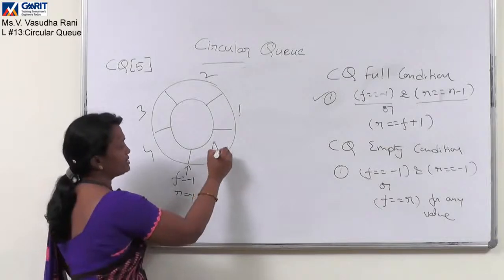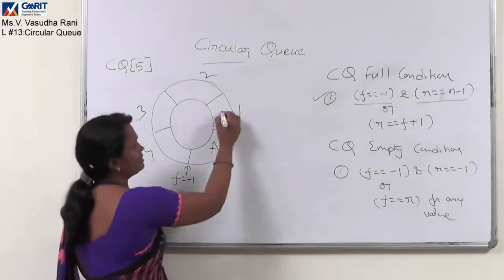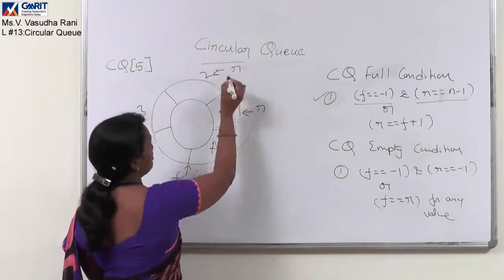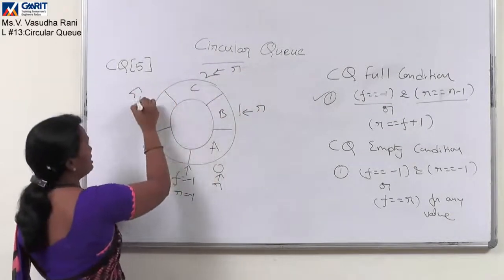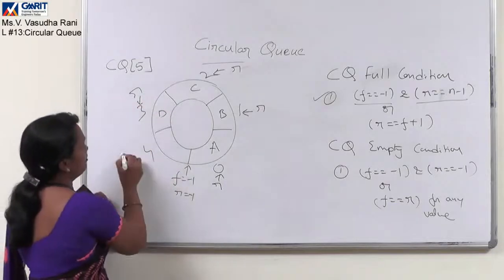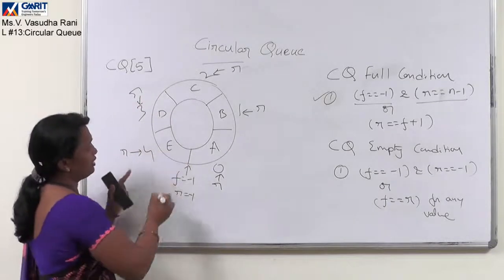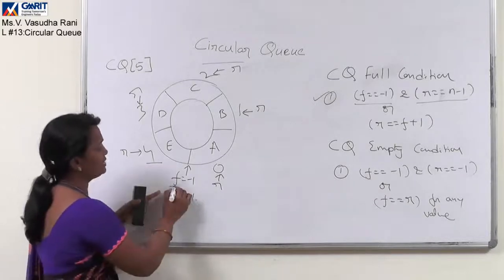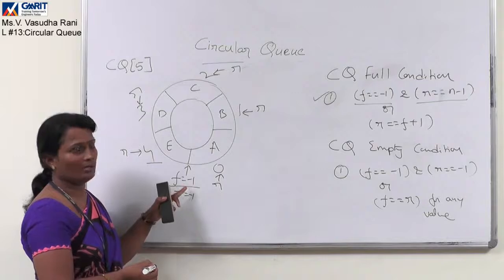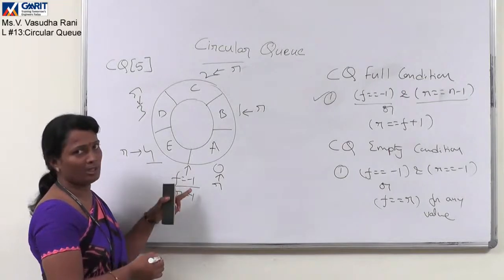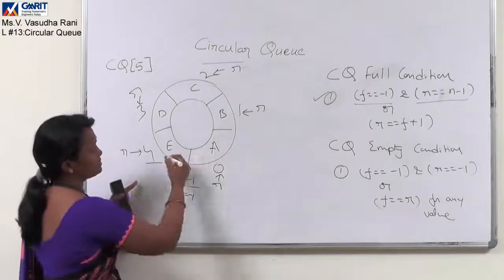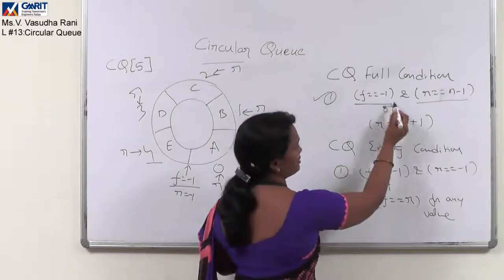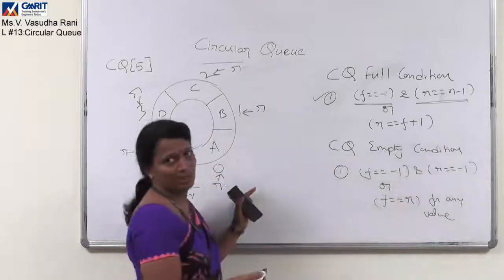If you insert the first element, rear becomes 0, second element, rear becomes 1, third element, rear becomes 2, fourth element, rear becomes 3, and fifth element, rear becomes 4. Here rear reached size minus 1, that is 4, and front is in the initial position only because no deletions happened. So this is the situation representing our queue as full. So this is the first condition: front is -1 and rear is n-1.